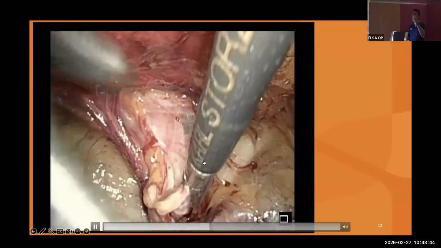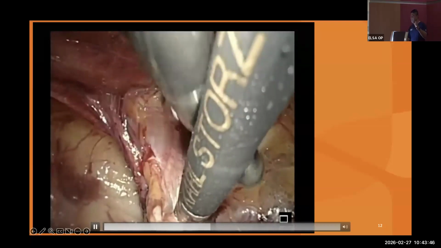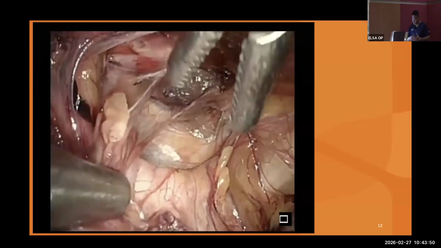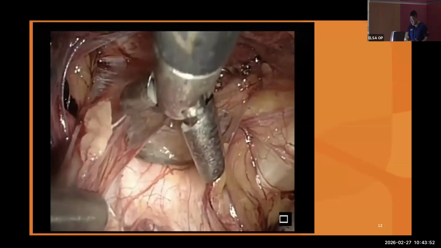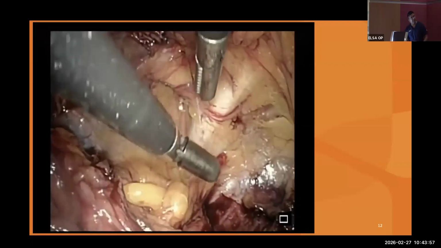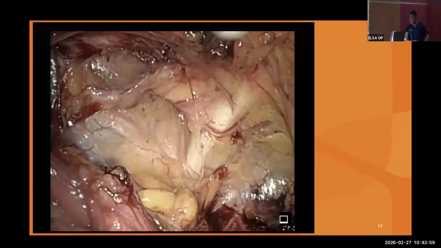Okay, so TEP, you go from medial to lateral. So the space of Bogros is the lateral space. The space of Retzius is the space in front of you, which is the medial space. And you go down about 2 centimeters from the pelvic rim.